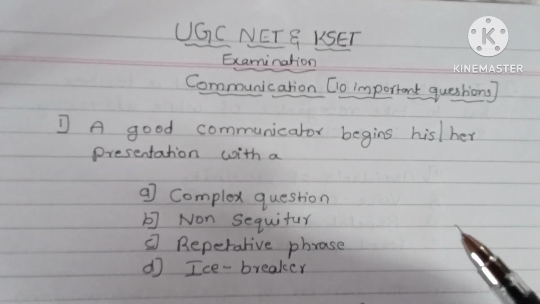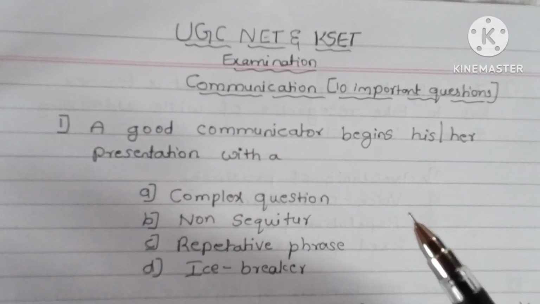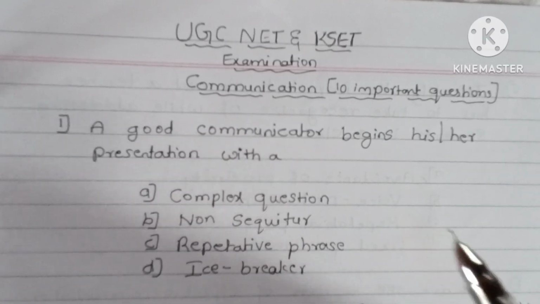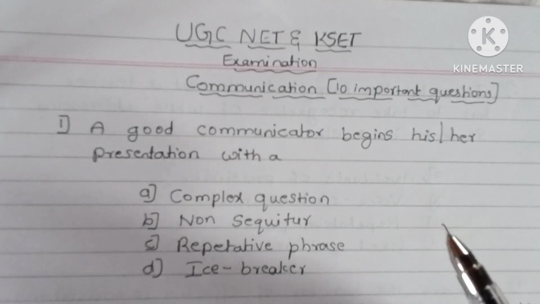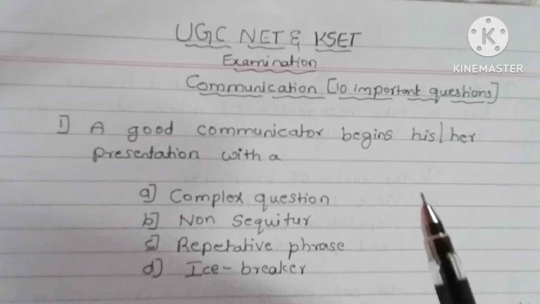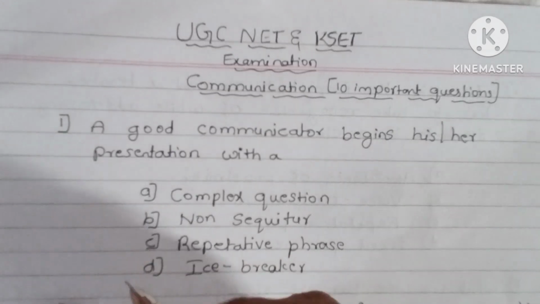A good communicator must not begin his communication in a non sequitur but in a logically arranged format. So, the good communicator begins his presentation through the icebreaker. So, option D is the right answer.